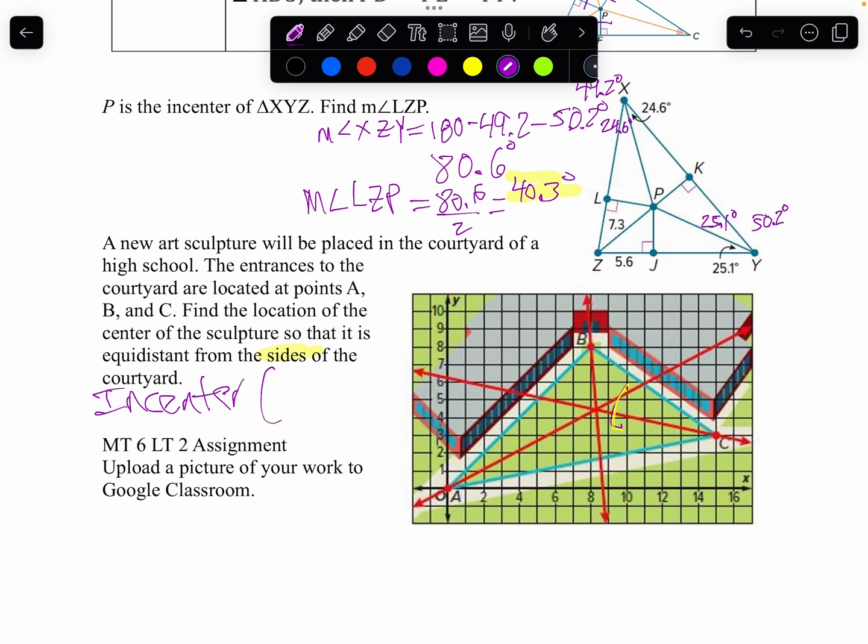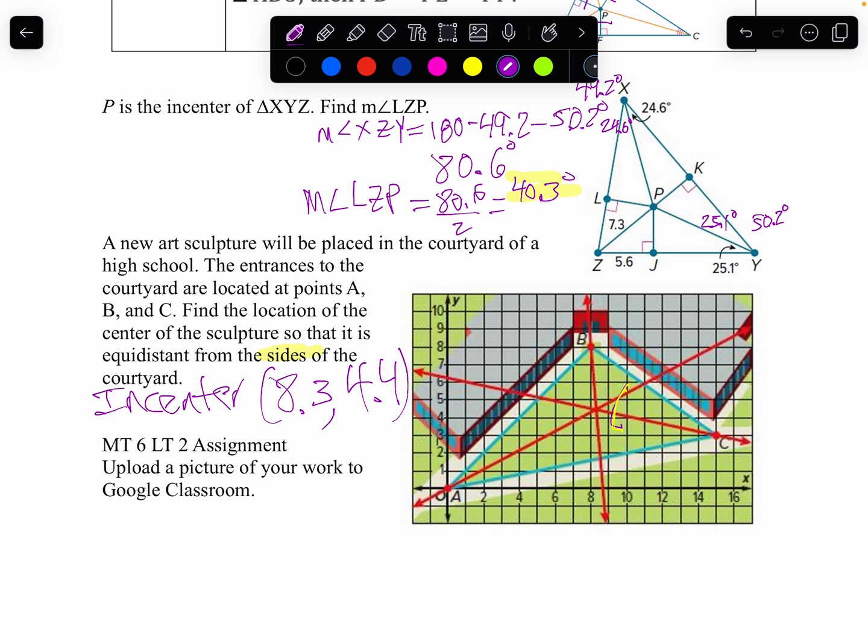I'll guess about 8.3. And then looking up, it's a little bit bigger than 4, so we'll say 4.4. And there would be the incenter of your courtyard.